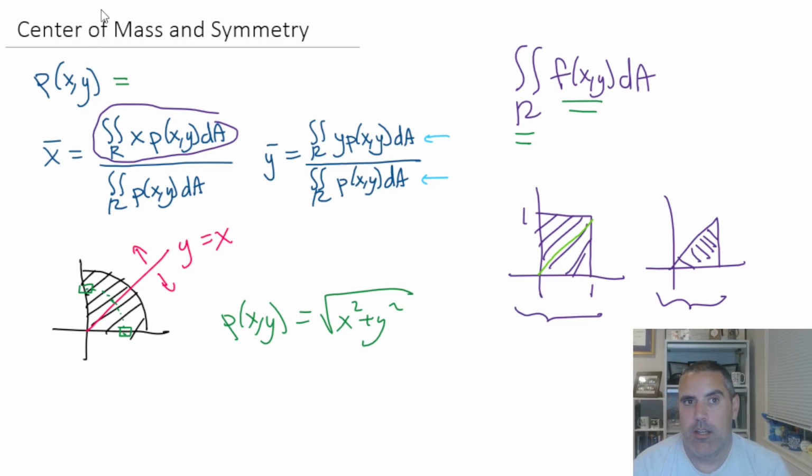So it's not a huge thing, but if you can clearly see symmetry in the region and in the density, you can use it. What's nice about these questions in general is that because you have a region, you're going to be able to interpret your final answer and see if it's reasonable. Okay.